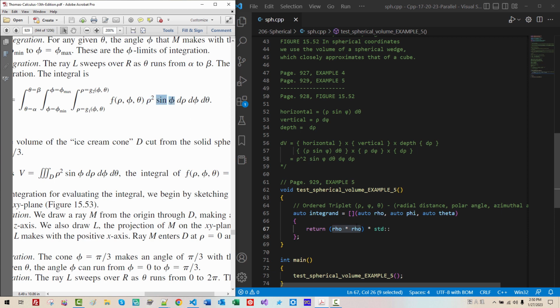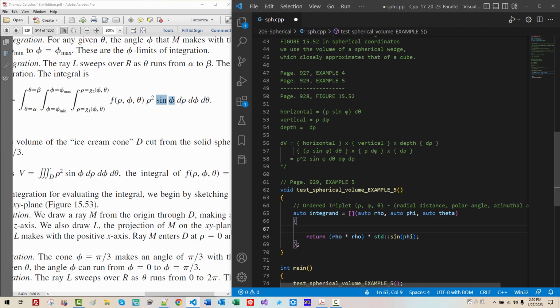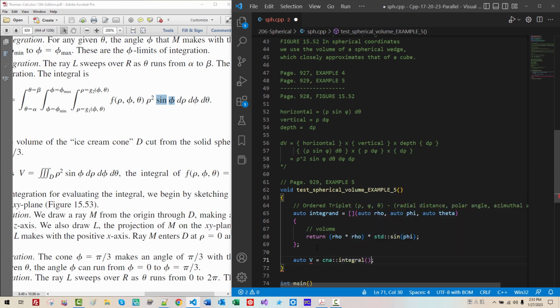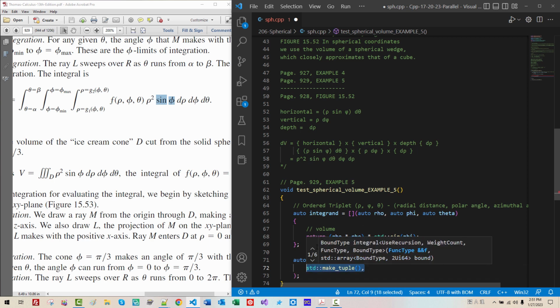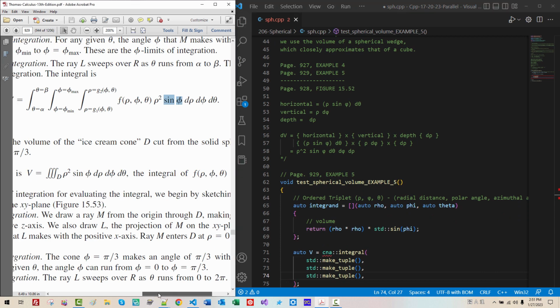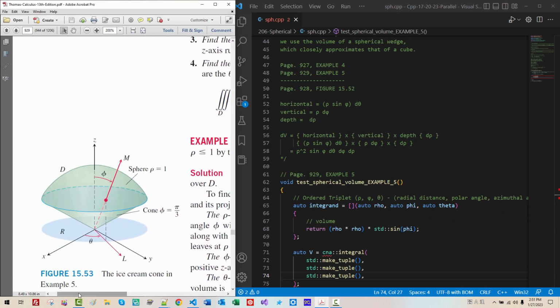It represents volume. We have to pass the integrand, make a tuple, copy, paste. Now watch very carefully.